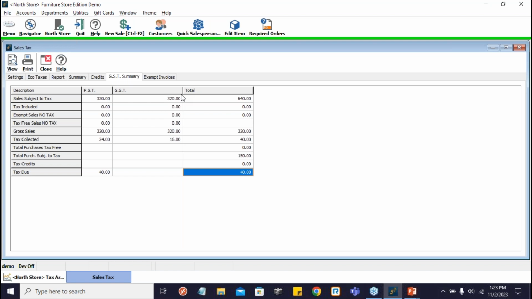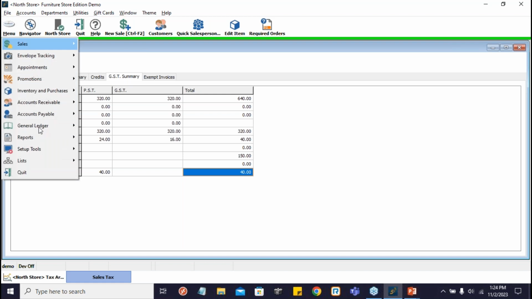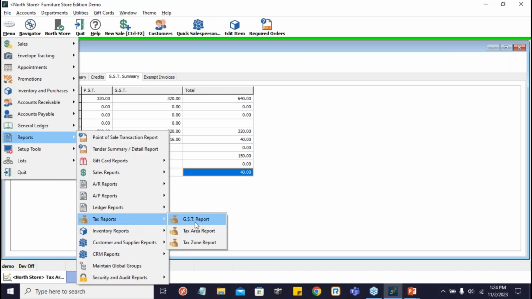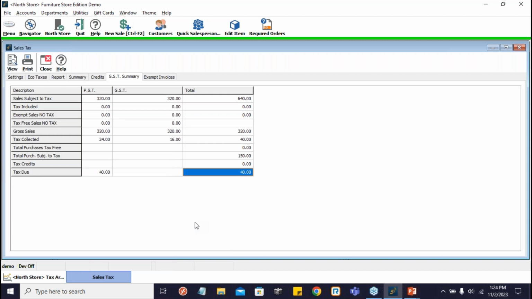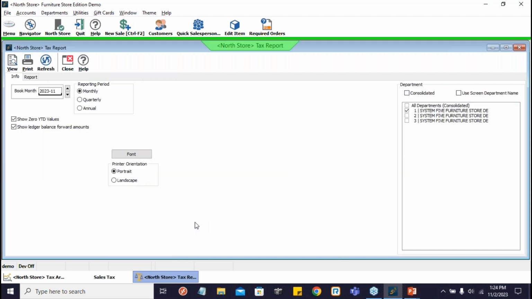Oh, the GST report. I believe those were the three reports that she was referring to.